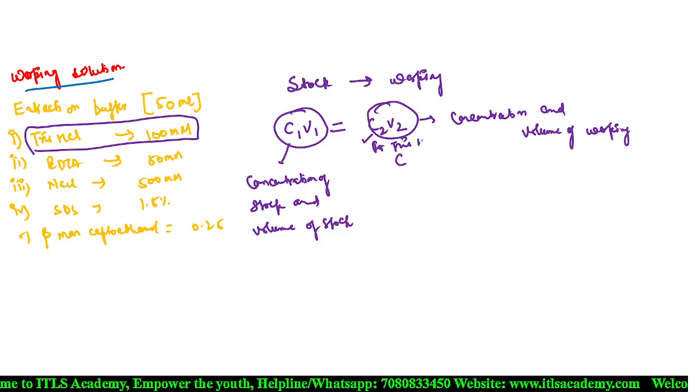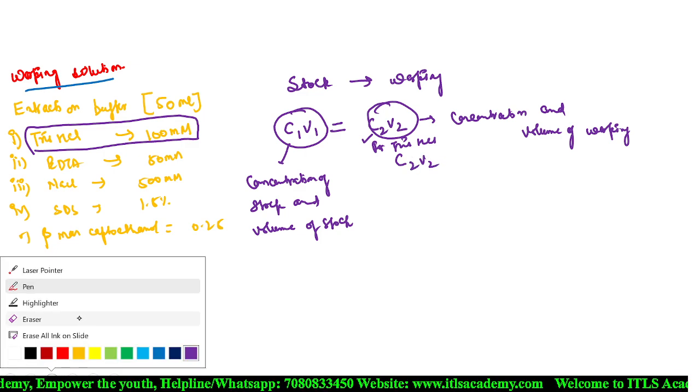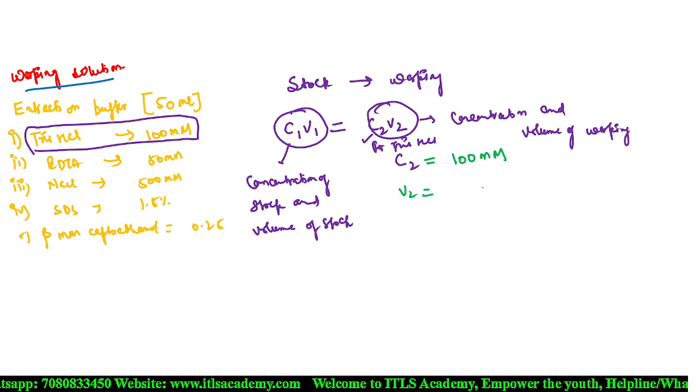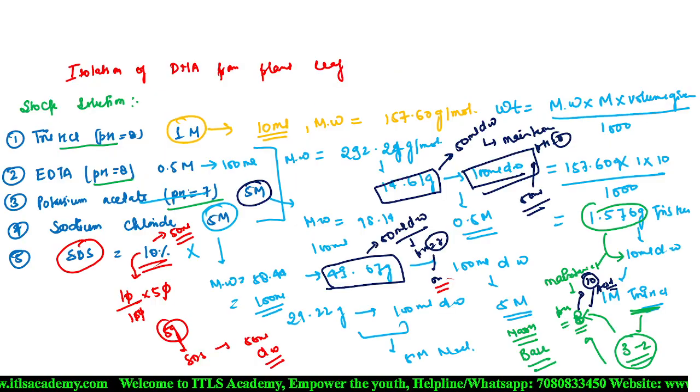For this HCl, C2 is equal to 100 millimolar and V2 is equal to 50 ml. And we also have C1 in the case of this HCl, that is your 1 molar.